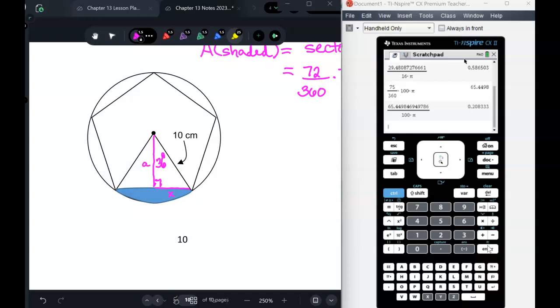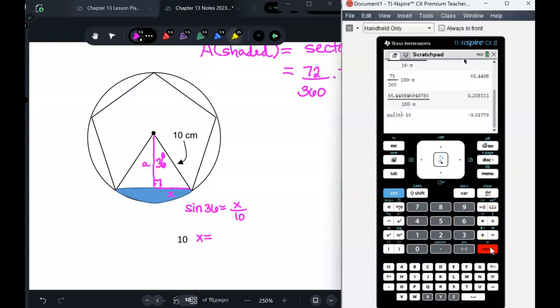Oh, not tangent. How about sine? Sine 36 equals x over 10. So that means sine of 36. Oops, I'm in radians, sorry. There we go.